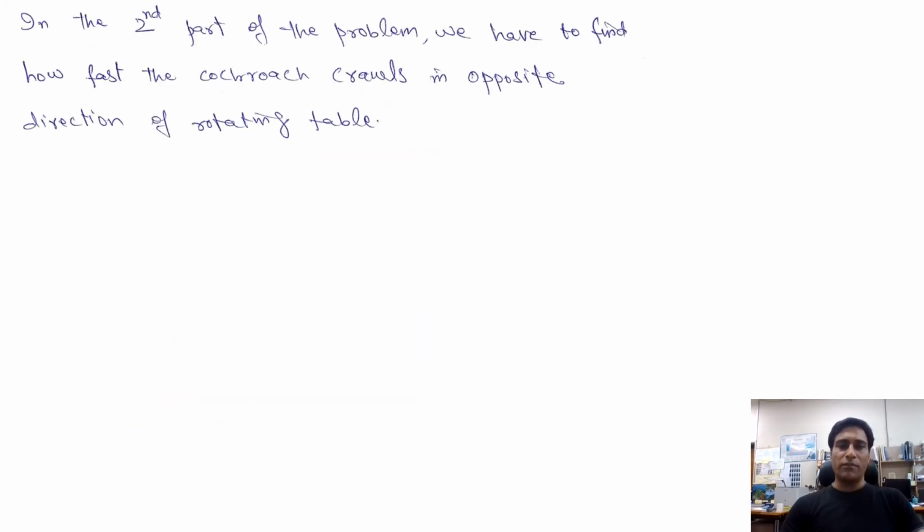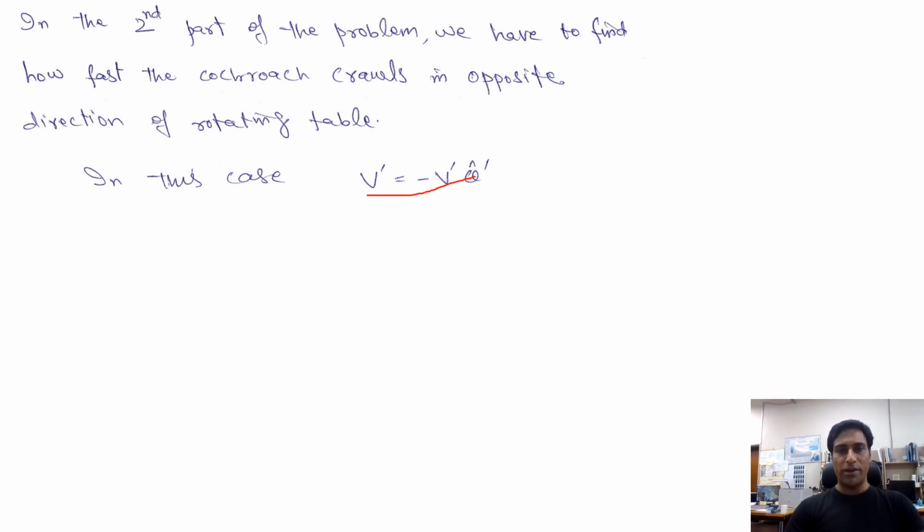In the second part of the problem, we have to find how fast the cockroach crawls in the opposite direction of the rotating table. The previous relation was in the direction of the rotating table, but here we have to consider the case in which the cockroach crawls in the opposite direction. Because it is opposite, in this case v dash should be equal to minus v dash theta dash unit vector.